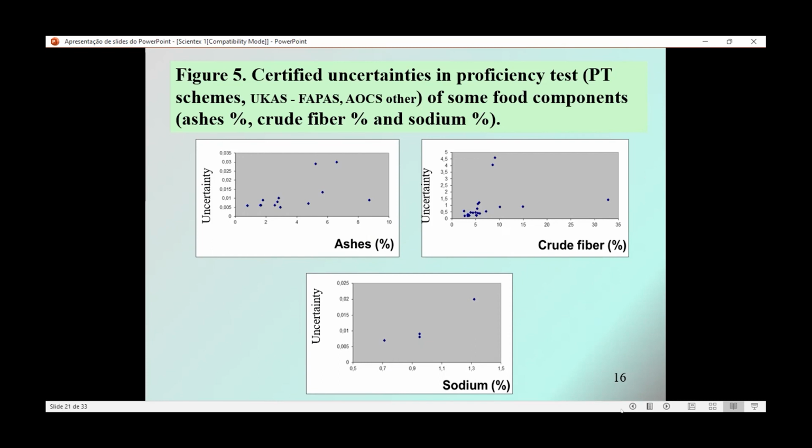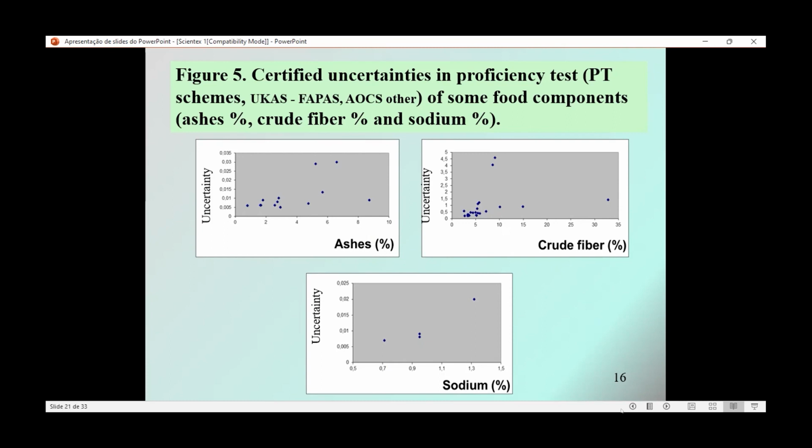In the first plot, we can see that something happens at the right. Along the axis of ash percent, the uncertainty does not seem constant. Something strange happens for uncertainty along crude fiber percent.